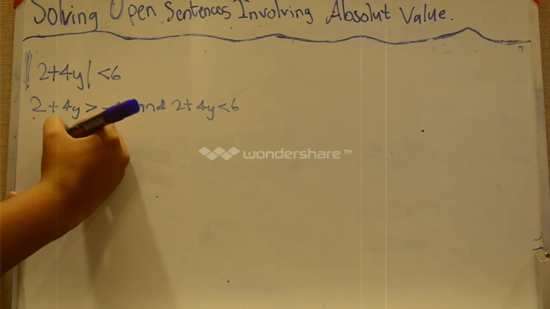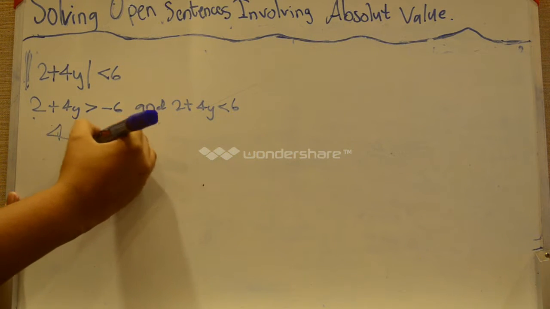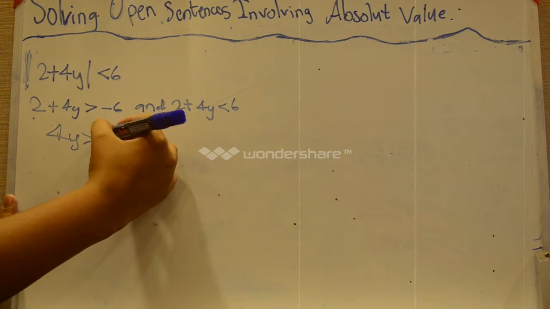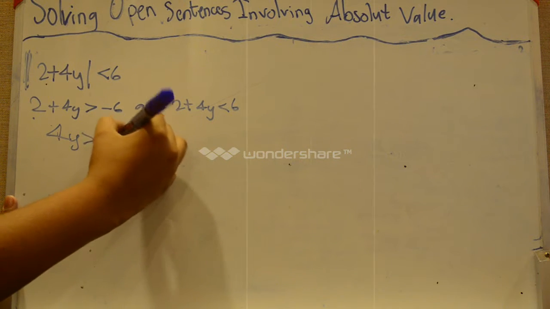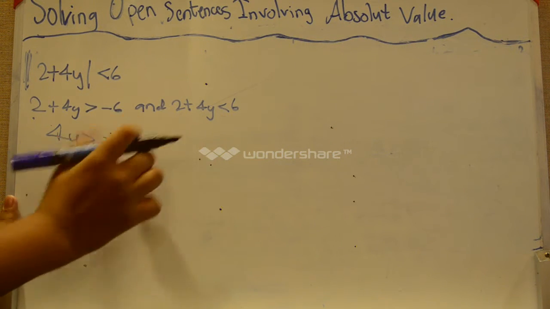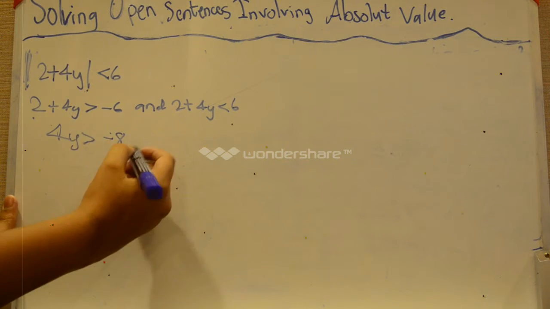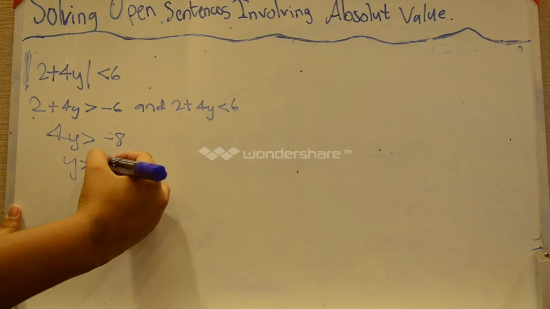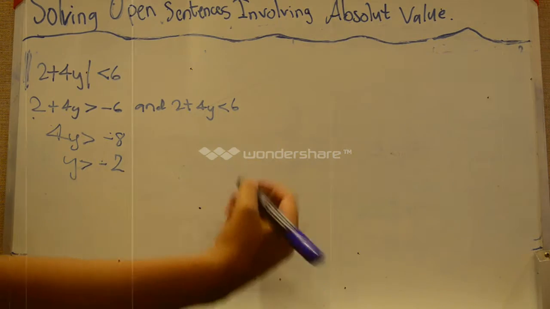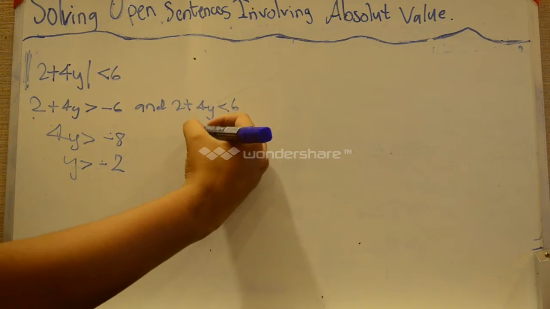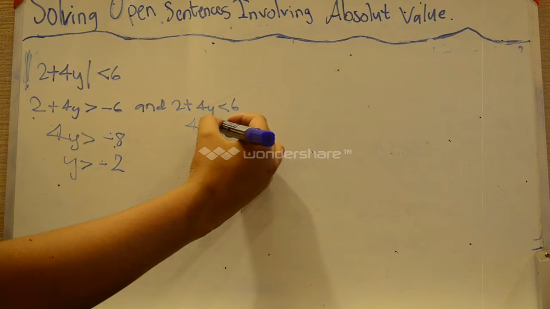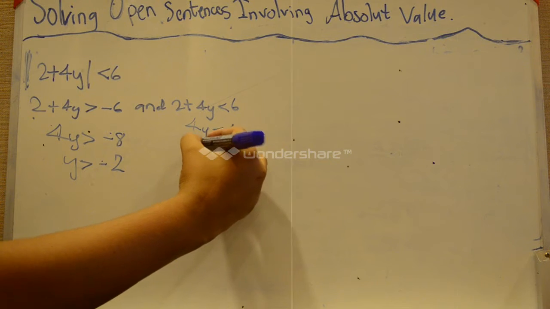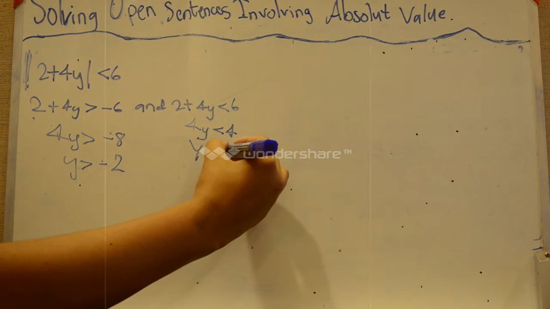So now move 2 to that side, so negative 6 minus 2 is negative 8. So now divide by 4, so y is greater than negative 2. Here 4y is less than 4, so y is less than 1.